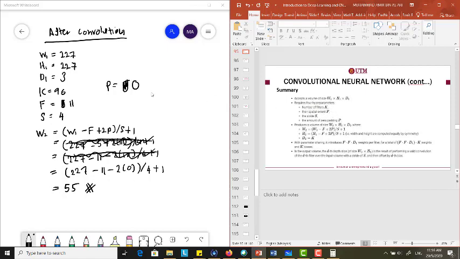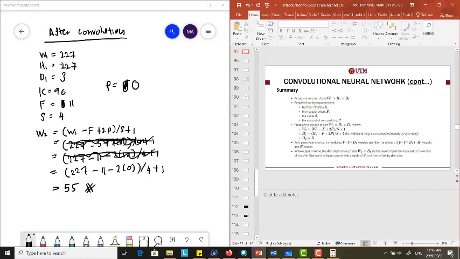Because the filter size there is 11 times 11, your F equals 11. And then your stride in that convolutional layer is equal to 4. And another one is padding. Since there is no padding information about that convolutional layer, there is no padding operation involved. So that's why you put P equal to 0.